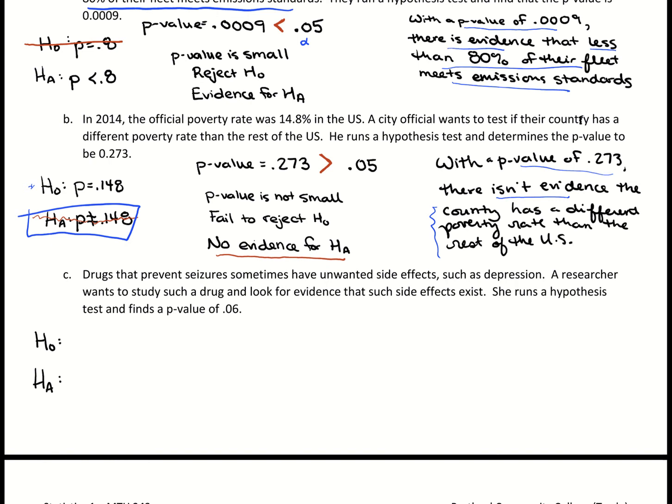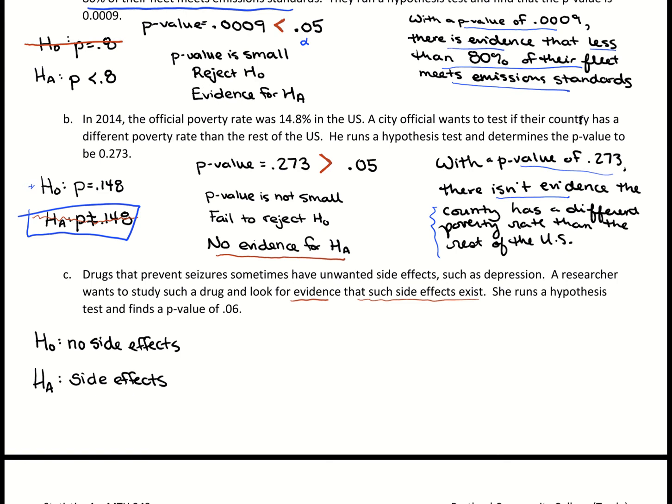And even in here, they state our alternative hypothesis, what the researcher wants to study, and they want to look for evidence that the side effects exist. So our alternative hypothesis that we're trying to prove is that there are side effects. And with our null hypothesis, we would assume no side effects. So to put all those little side effects on the side of a bottle that you pick up at the drugstore, they have to have significant evidence that they occur.